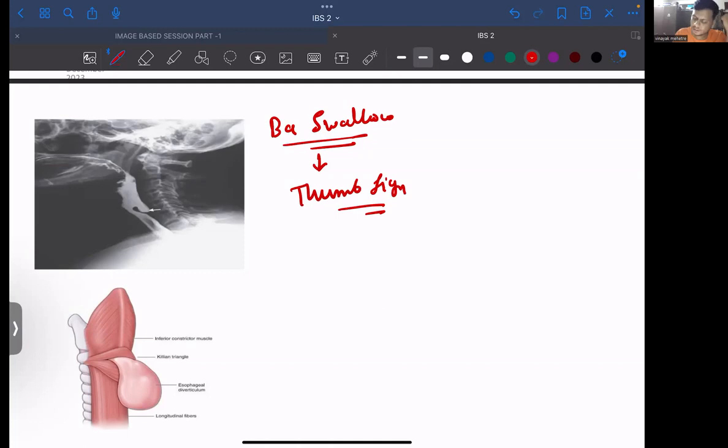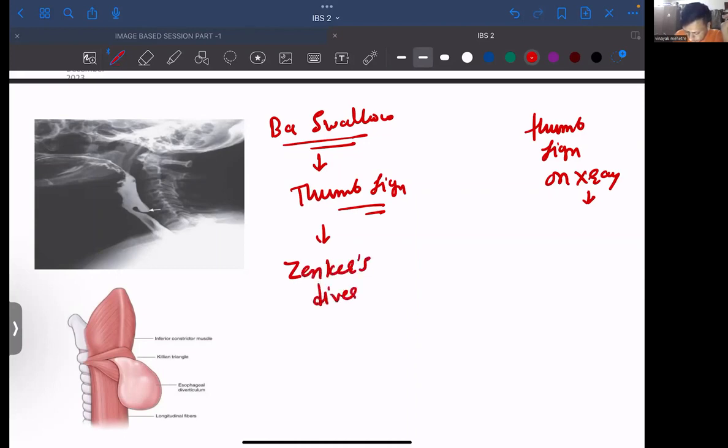Okay, then comes thumb sign on X-ray. Same neck की बात कर रहा हूं मैं. Yes, if you are seeing thumb sign on barium swallow, that means it is Zenker's diverticulum.